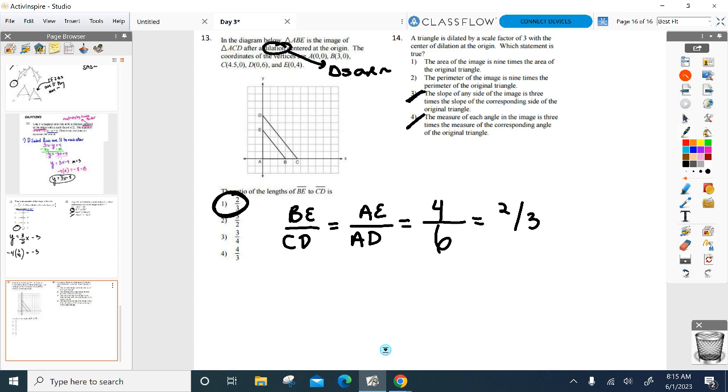If I dilate something by a scale factor of 3, anybody remember? This was one day, a couple weeks ago.